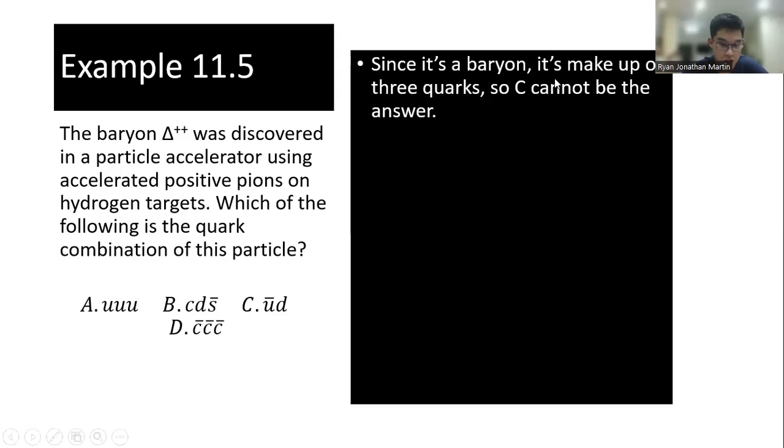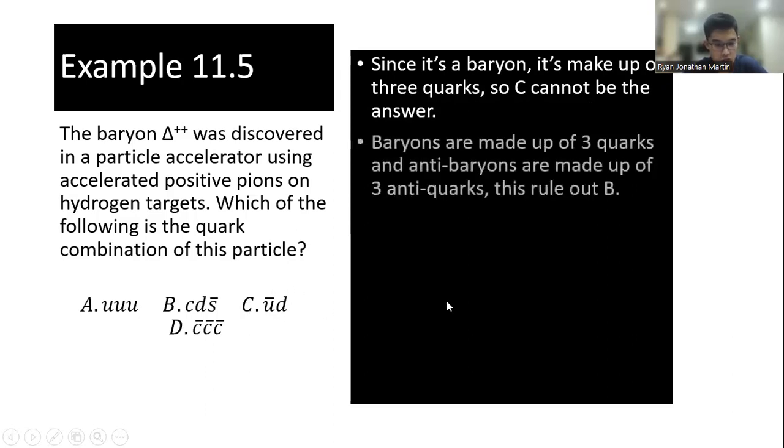Since it's a baryon, it's made up of 3 quarks. So C cannot be the answer. It's not 2 quarks, so this is a meson. Baryons are made out of 3 quarks and antibaryons are made out of 3 antiquarks.